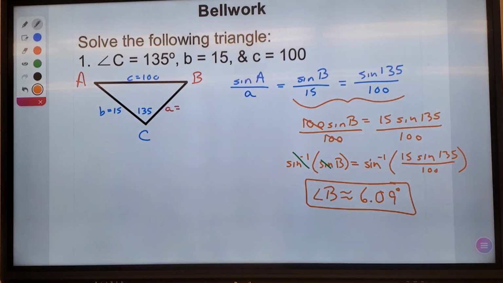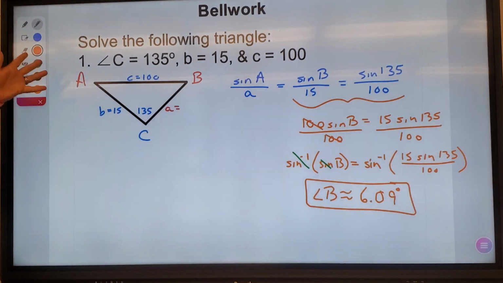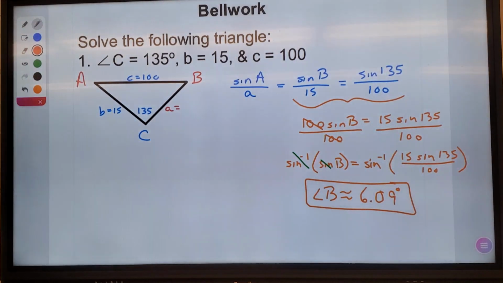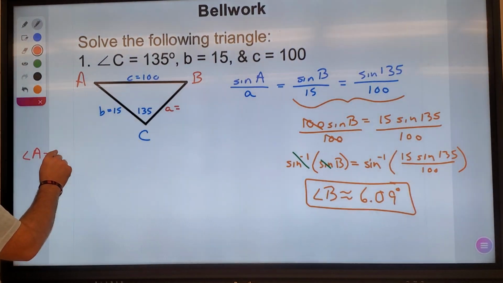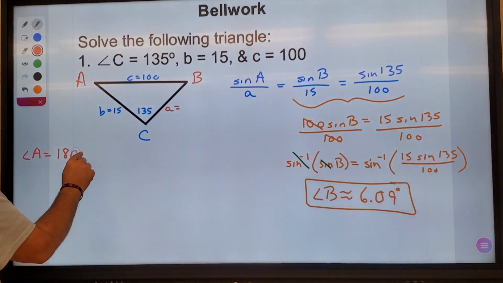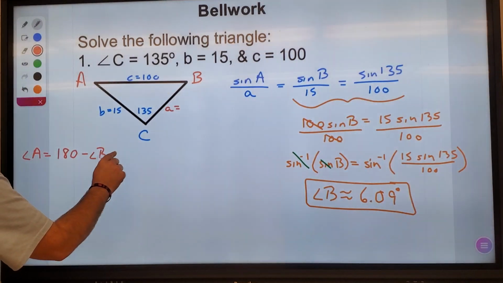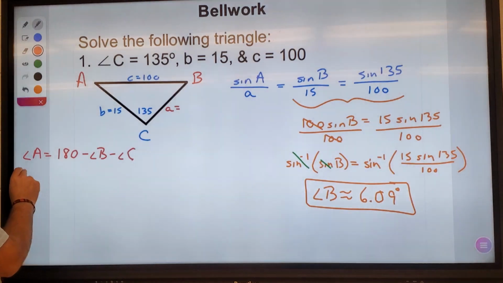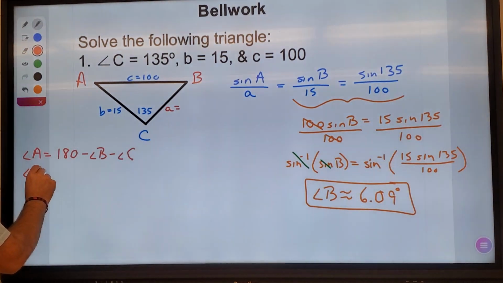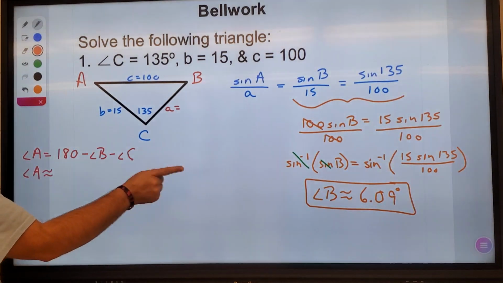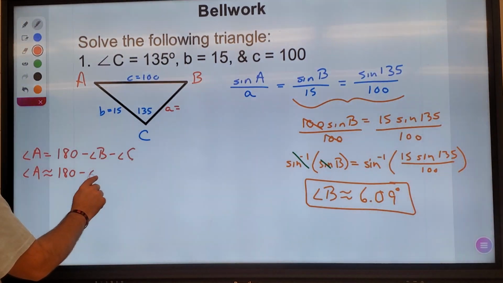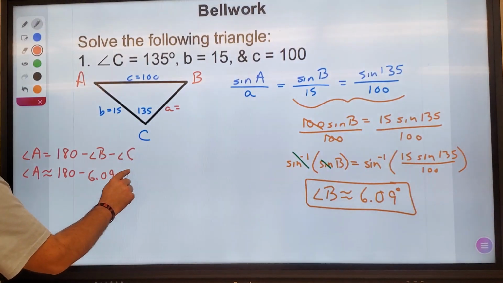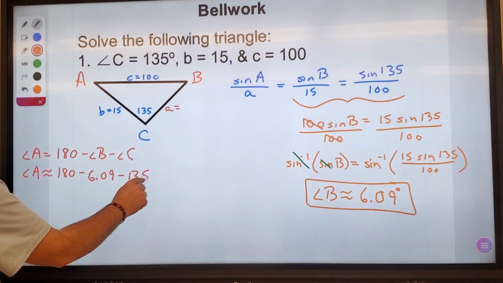Okay. Using that information, we're going to work and solve for angle A now, since it's the only other angle missing. So I have angle A is equal to 180 minus the angle B minus the angle C, which then now we have angle A is approximately, again because angle B is rounded off, 180 minus the 6.09 minus that 135.